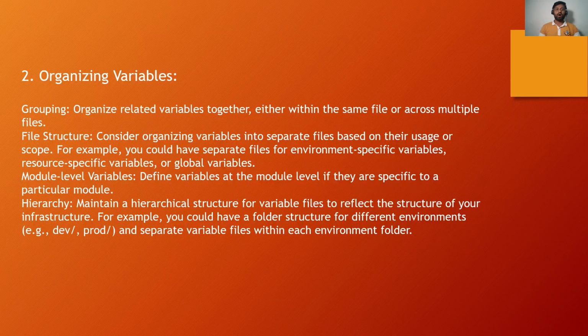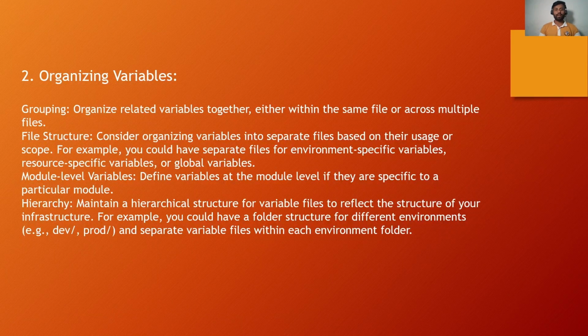Grouping: organize related variables together either within the same file or across multiple files. File structure: consider organizing variables into separate files based on their usage or scope. For example, you could have separate files for environment-specific variables, resource-specific variables, or global variables.